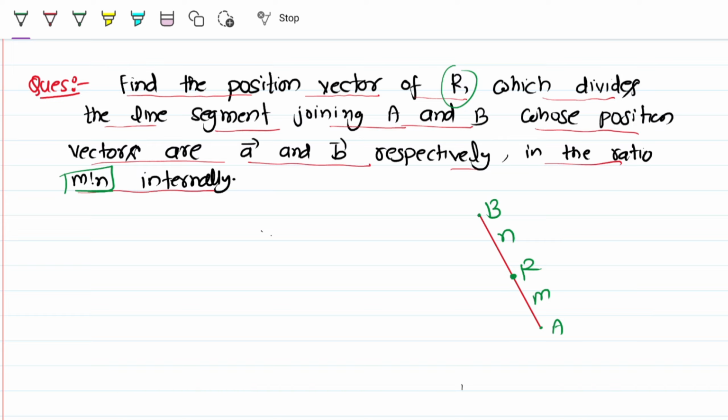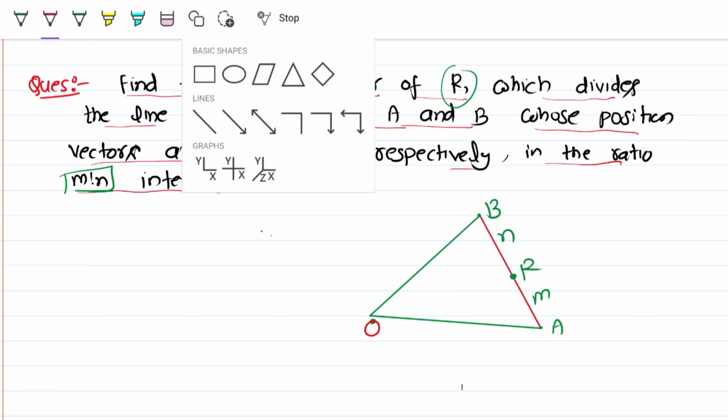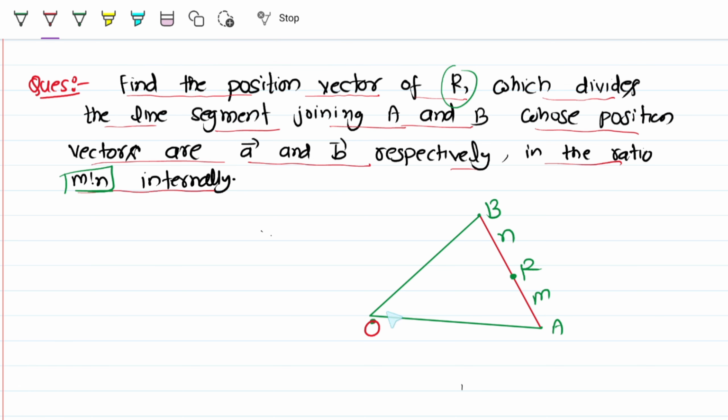Then we have to find the position vector of R. When we talk about position vector, it means we should take the vector from the origin. So let's assume some origin here. If I join O to B, and O to A as well, this is my point O. I need to find the vector OR.